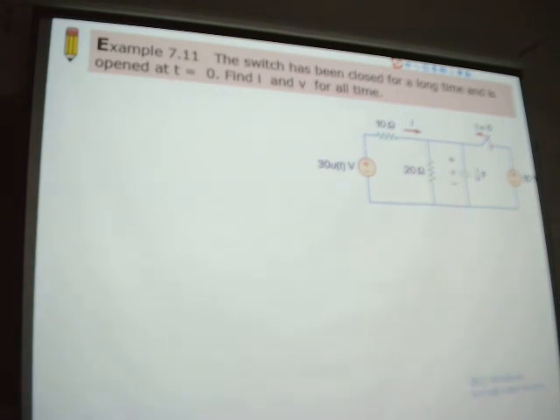Voltage division, just like that. The voltage is 10 volts here. It should be 20 plus 10. This 10 is here, but this one is not for this 10, not for this 20. This one will be for this 20. Okay? So this one is 20.